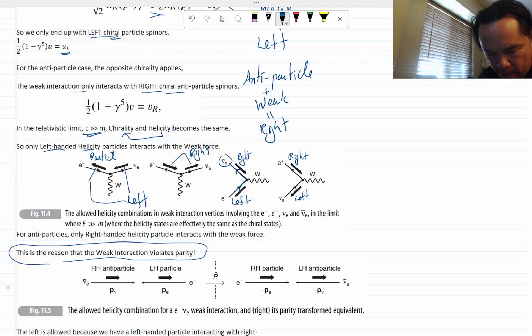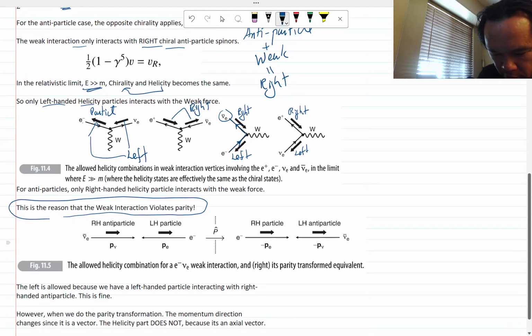Why is that? Now we're going to look at these parity diagrams. Let's just highlight this one, where we're colliding an electron with an antineutrino. You have an antineutrino coming from the left, and an electron coming from the right.